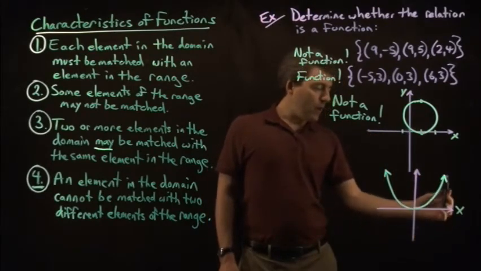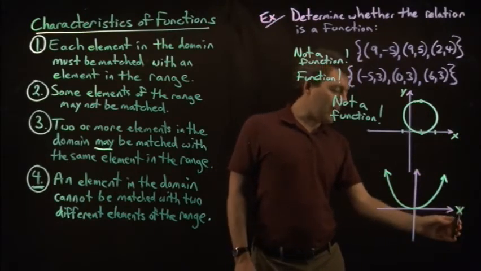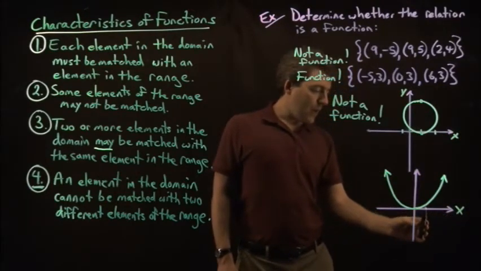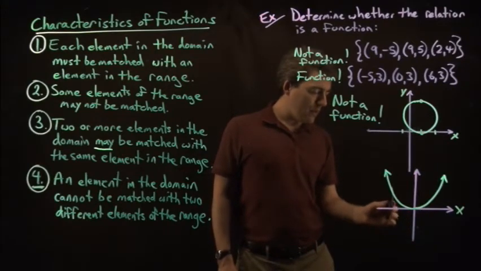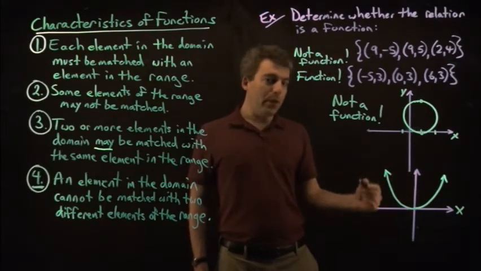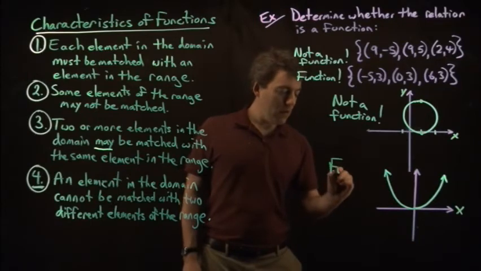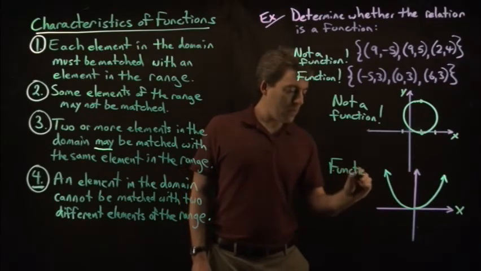Well, if we start over here, we have a point on the curve. If we go out further, we can imagine there's another point out there. Going in closer, we have points here, points here, points here, and so on. It doesn't look like for an x value there are multiple outputs. So we'll conclude that this is a function.